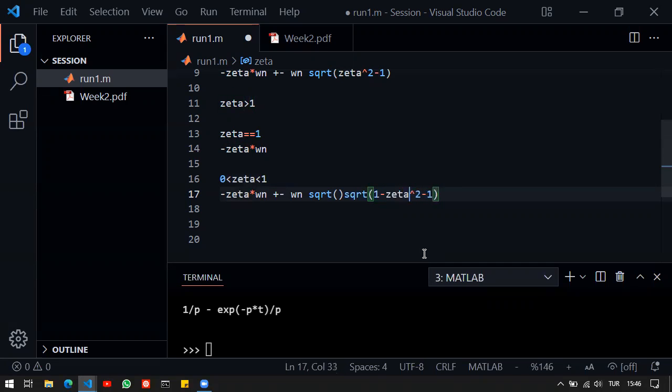So this would then end up in 1 minus zeta squared, which is a positive value, and then we would have minus 1, which is actually i or j here. And we can see that the imaginary part then, let me put the i here, you can see that this would be then the imaginary part of the poles.